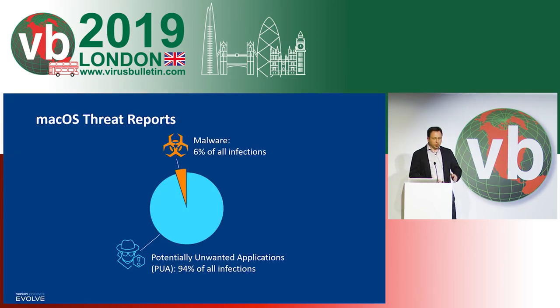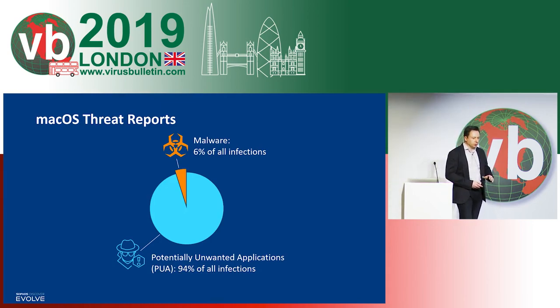Before we get to the technical details, just a little bit of overview of what we're dealing with on the macOS platform. Generally speaking, if you look at the sheer volume of the samples, malware represents around 6% of all the infections, with the bulk of the samples coming from PUAs.